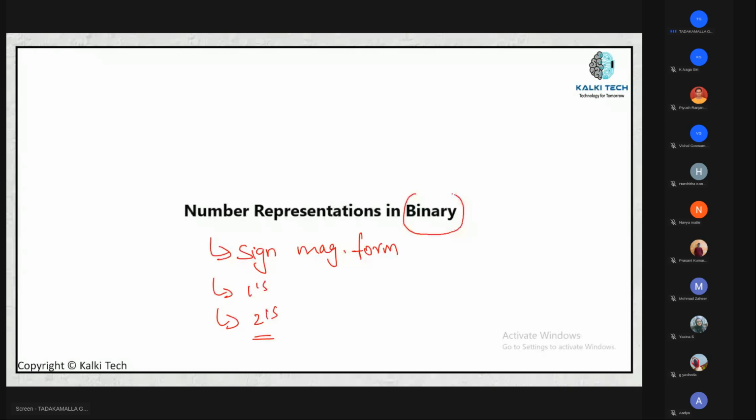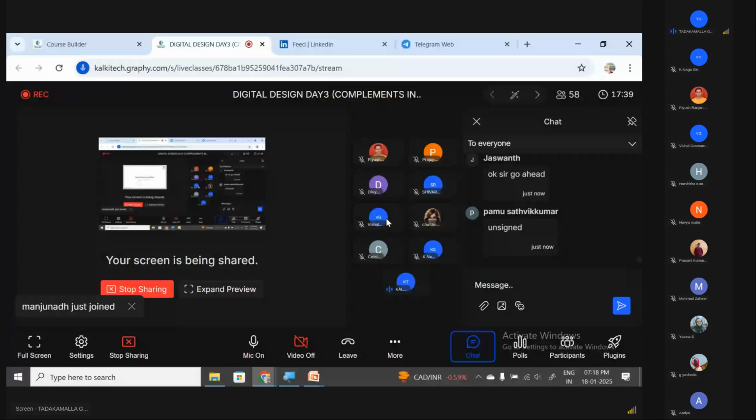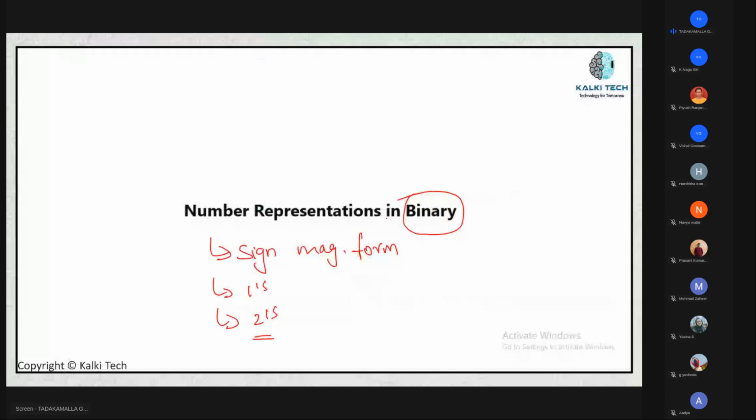Let's concentrate on binary numbers, because everything in digital we are going to focus upon this particular binary only. Your computer language, everything is going to focus upon binary. So this binary representation is of three forms: sign magnitude representation, one's complement representation, and two's complement representation, right?